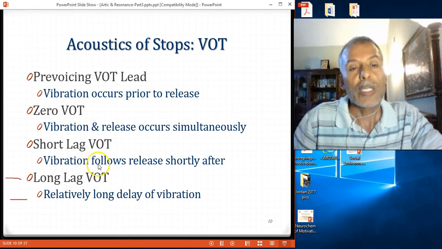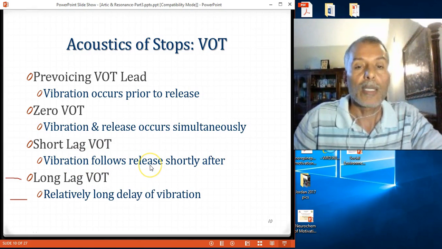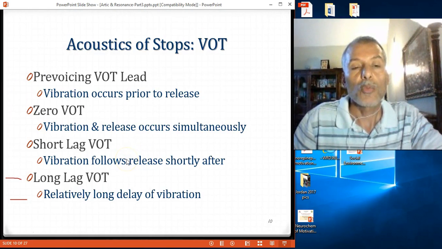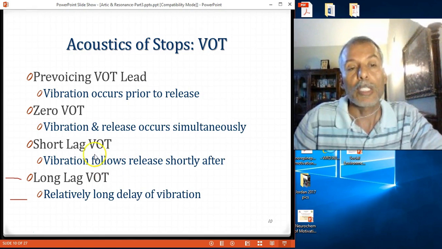But the vibration in this follows the release shortly after. For example, it could be 20 milliseconds after. It could be 10 milliseconds, could be 30, 40. So that applies to sounds voiced or voiceless, depending on the context where the sound occurs.